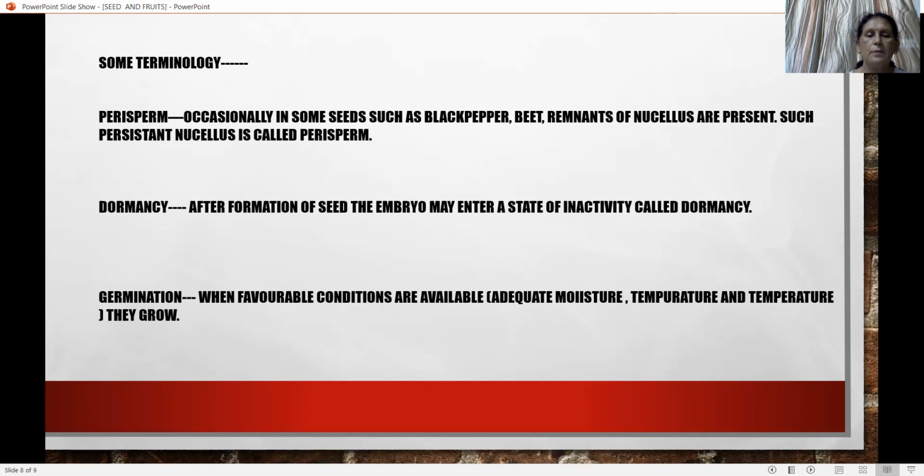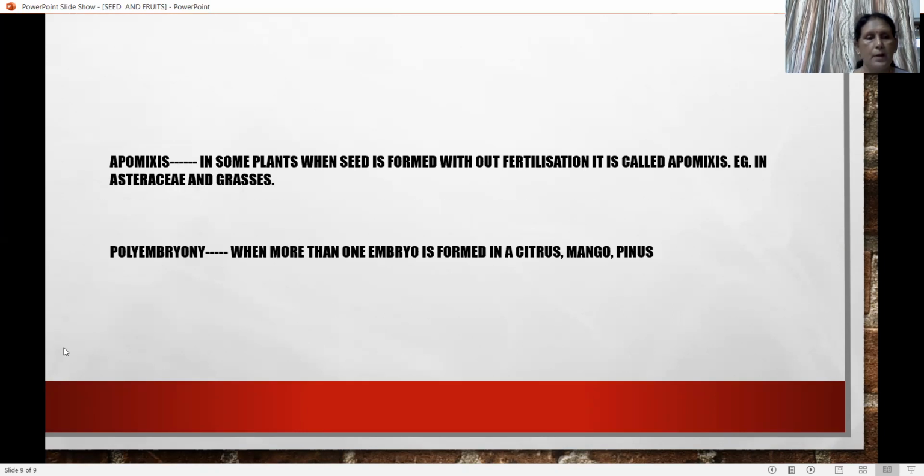That means when favorable conditions come, after maturation of the embryo inside the seed, it breaks the dormancy period, and some external factors are required for germination. These are adequate temperature, nutrients, oxygen, moisture, etc.